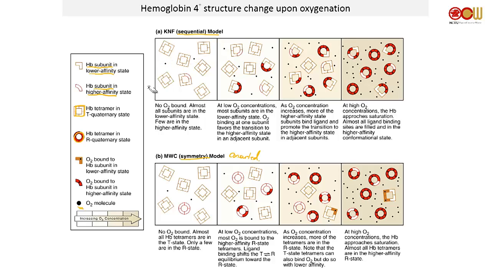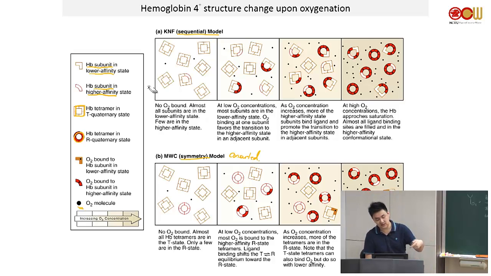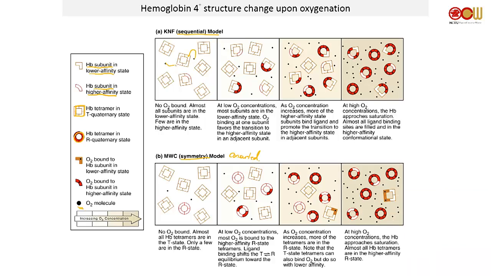Now, the sequential model is, in a way, more similar to my description so far. Under the T state, with no or little oxygen present, you are primarily in the T state. Now as oxygen binds to the molecule, you start to form these intermediates. These are intermediate structures.